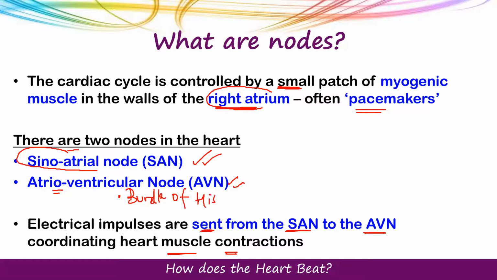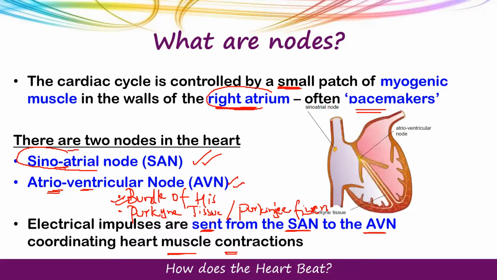So the atrioventricular node branches out into the bundle of His, and then comes the Purkinje tissue, or Purkinje fibers, as some books call them. All these are related: sinoatrial node, atrioventricular node, then bundle of His, and then the Purkinje tissue or fibers.